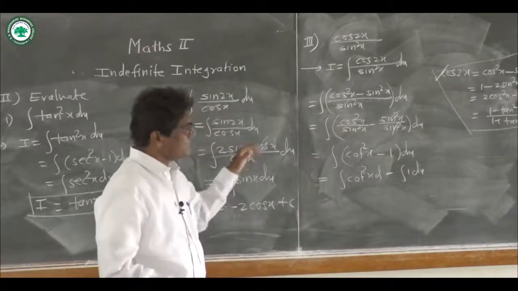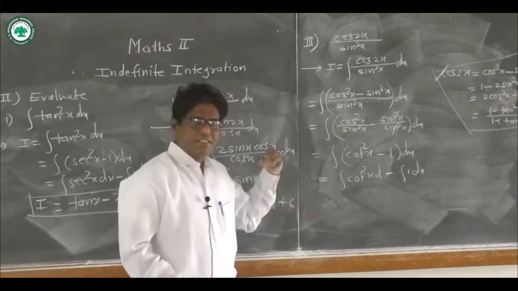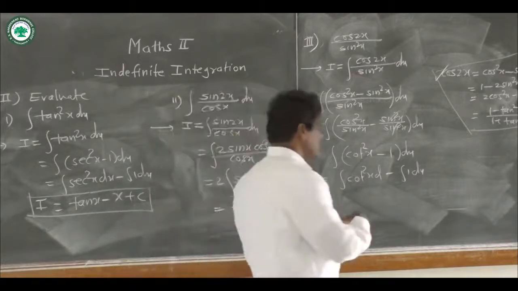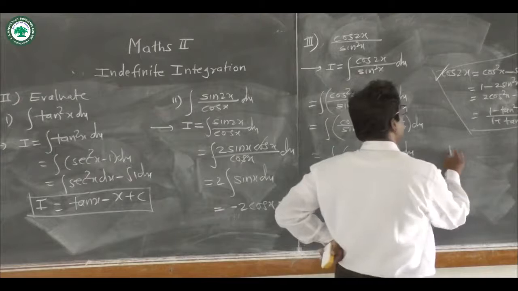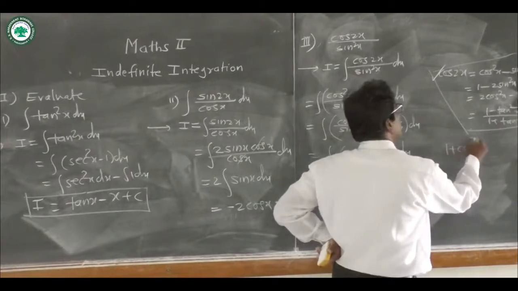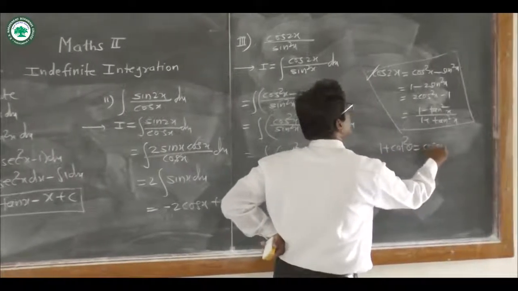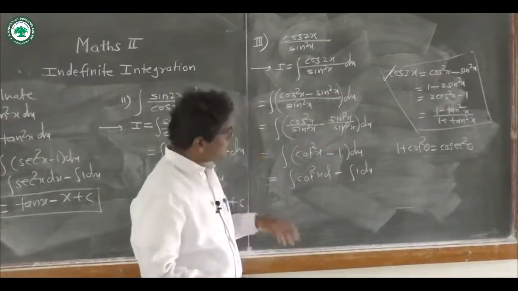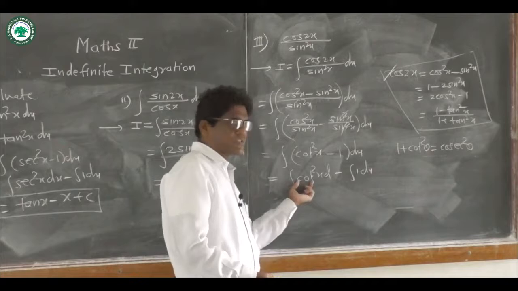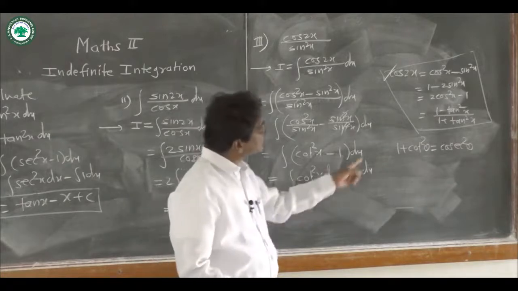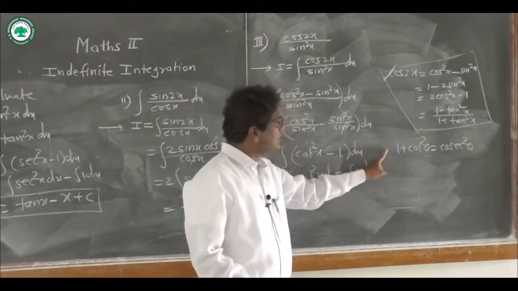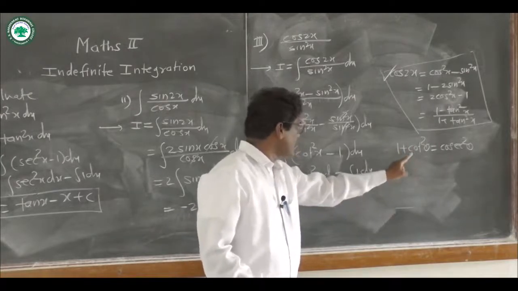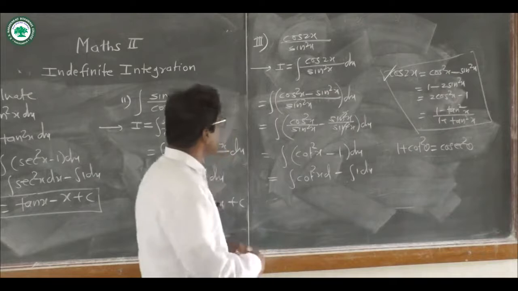We have seen the first fundamental identity, the second fundamental identity and the third fundamental identity. What is the third fundamental identity? 1 plus cot square theta is equal to cosec square theta, because there is no function whose derivative is cot square x. So we use the third fundamental identity, and from that the value of cot square x is cosec square x minus 1.